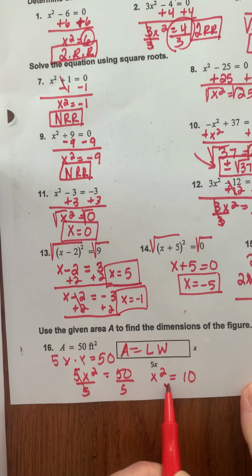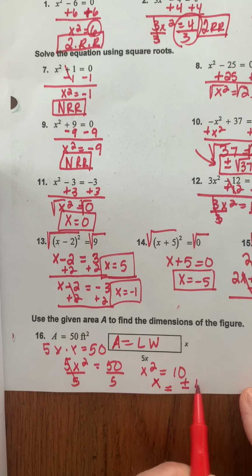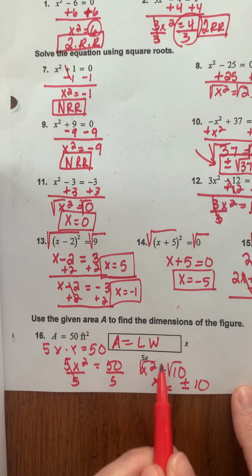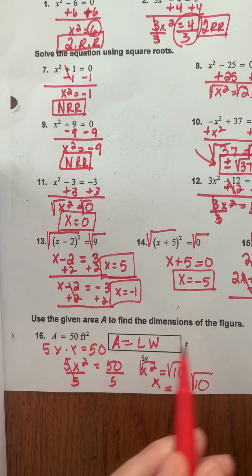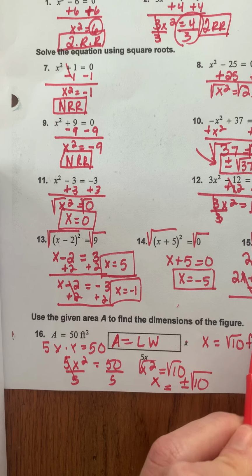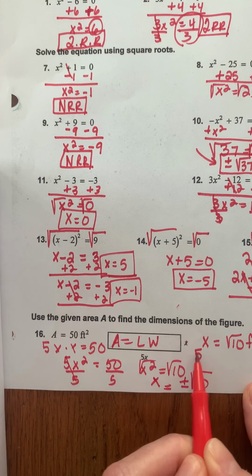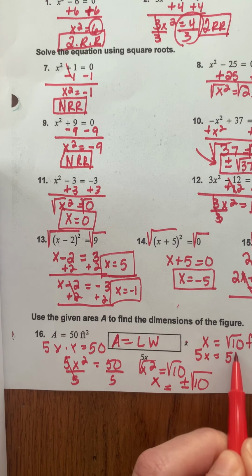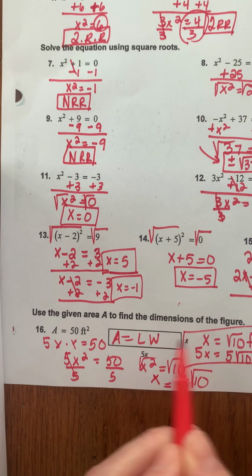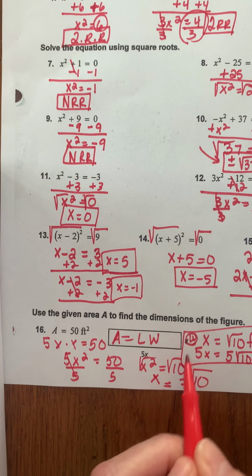So x would equal positive and negative square root of 10, but you can't have a negative length. So x would be square root of 10 feet, and then 5x would be 5 times the square root of 10 feet. So this is the width, and then that's the length.